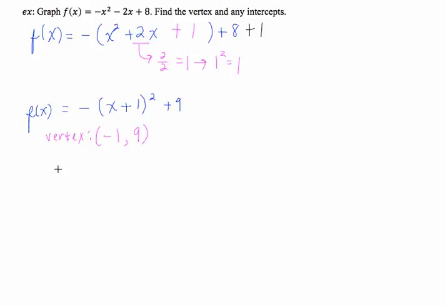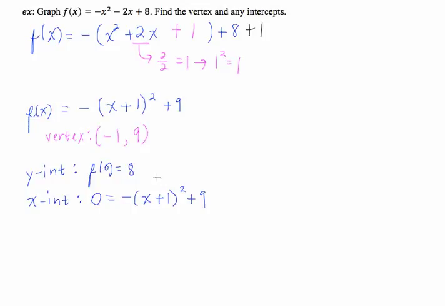Now let's find the intercepts. So the y-intercept, if I plug in 0 into this function up here, I get 0 minus 0 plus 8, so the y-intercept is at 8. For the x-intercept, we need to set something equal to 0, either this version of f of x or this version. I'm going to set my vertex form equal to 0 because I think that will be easier to solve.